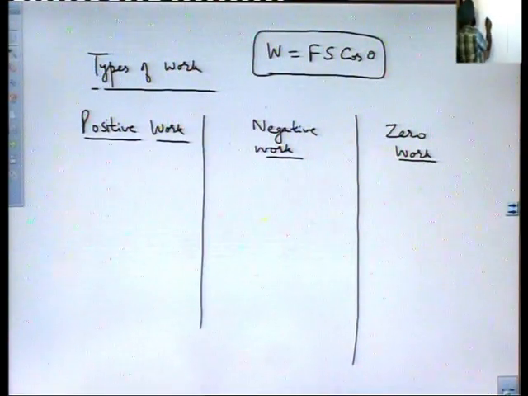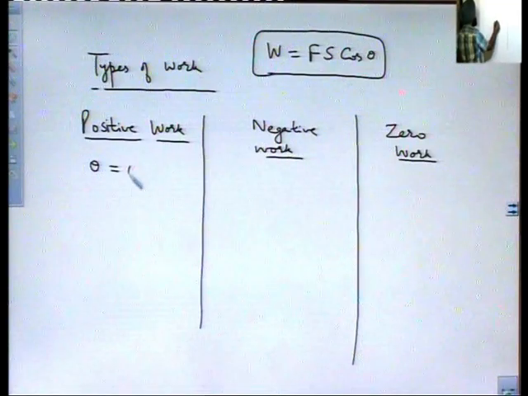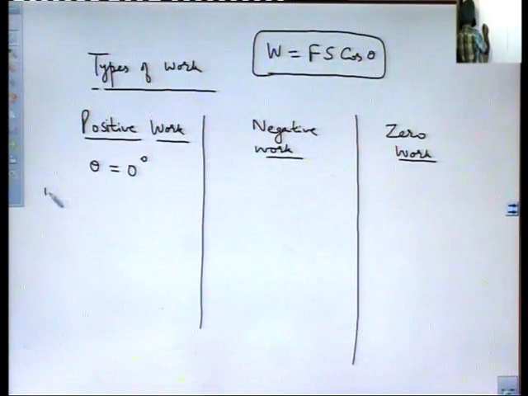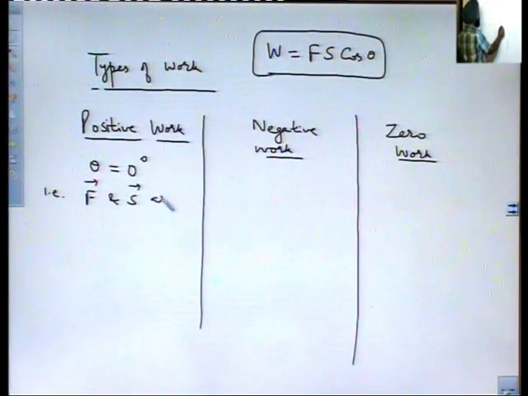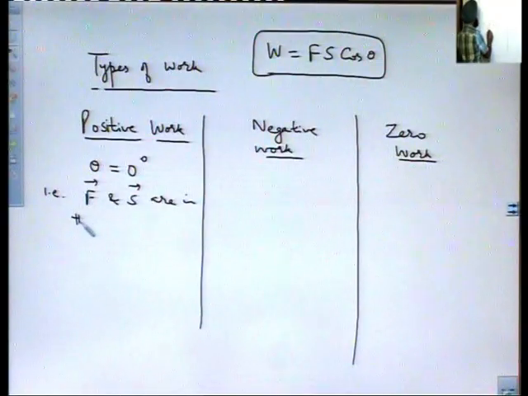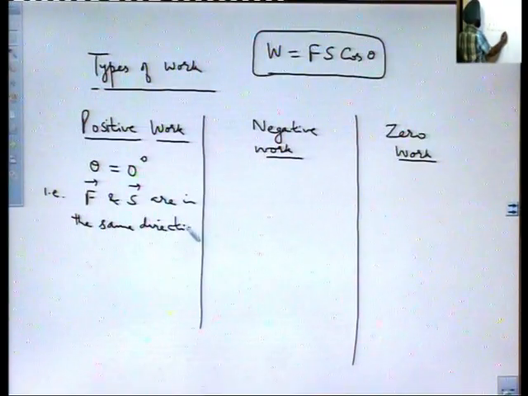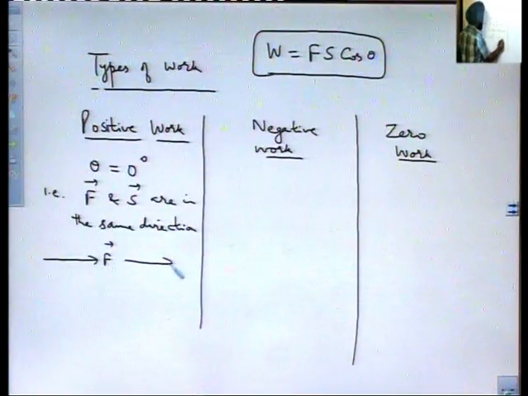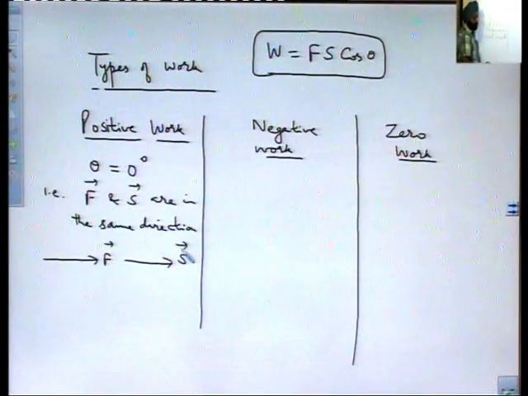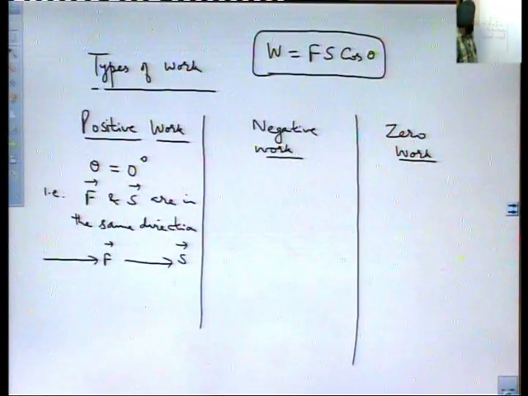If theta is equal to 0 degree, that is force and displacement are in the same direction, force is in this direction, distance is also in this direction. Suppose a horse is pulling a cart, the direction in which the horse moves is also the direction of the cart.